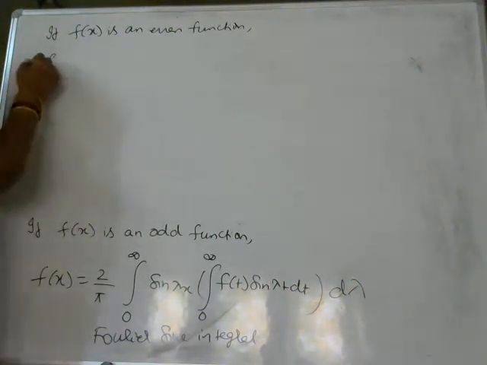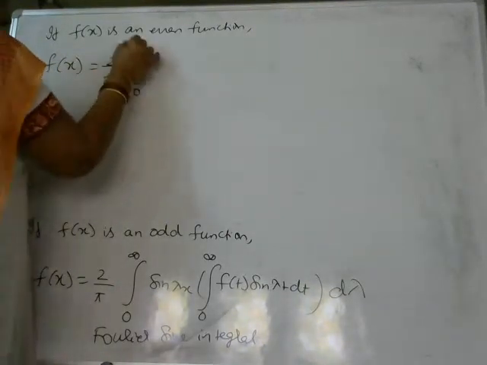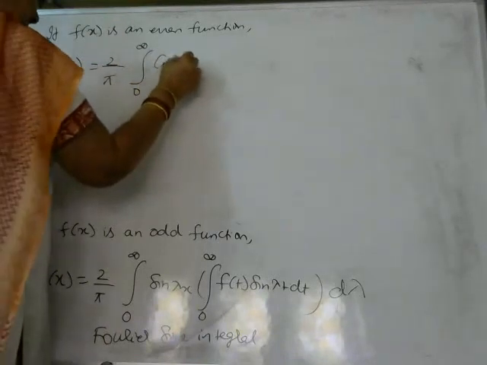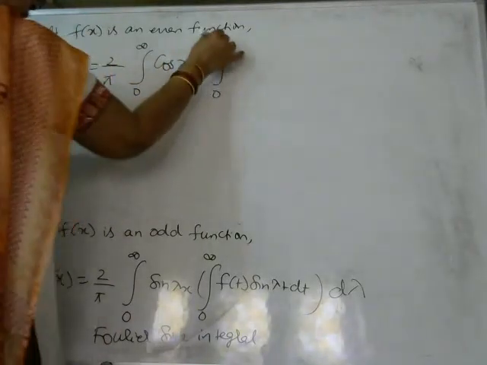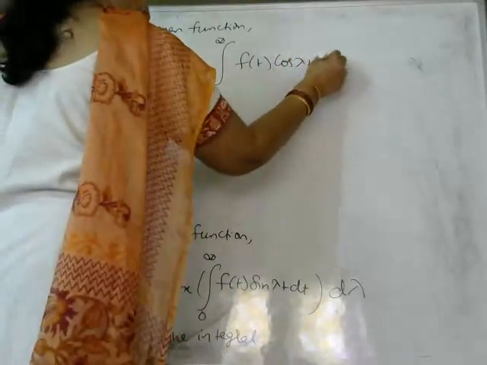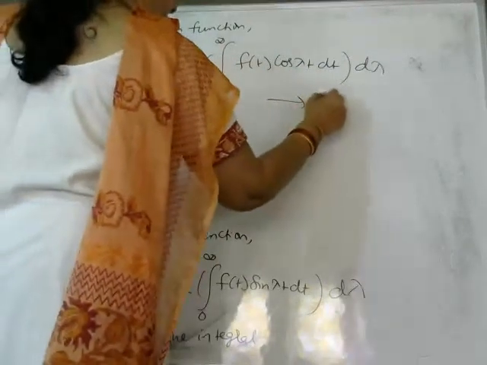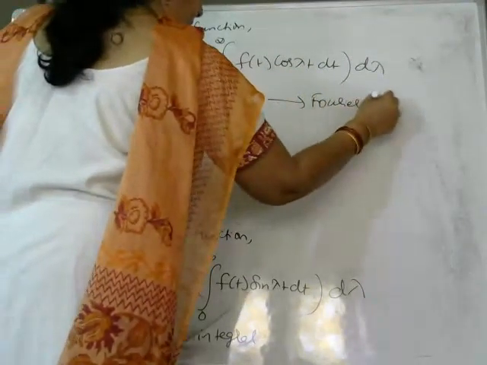So the value now is f of x equal to 2 by pi integral 0 to infinity cos lambda x, integral 0 to infinity f of t cos lambda t dt d lambda. This is called the Fourier cosine integral.